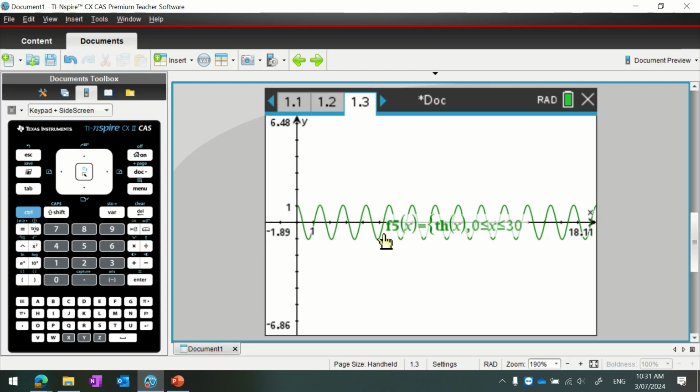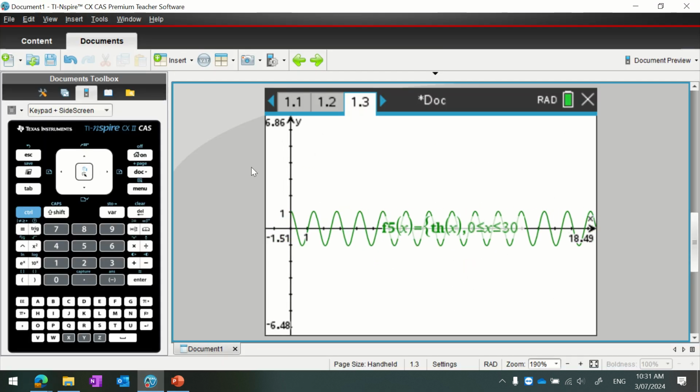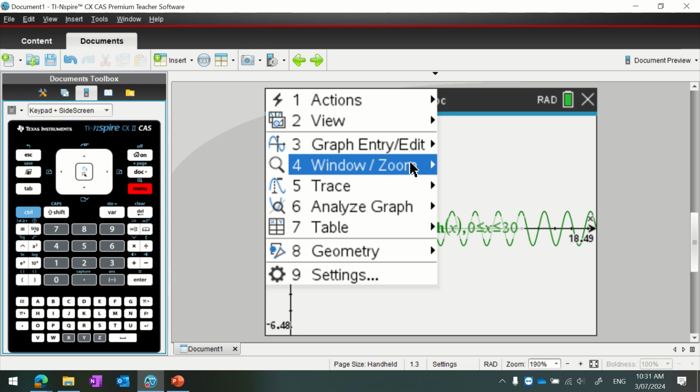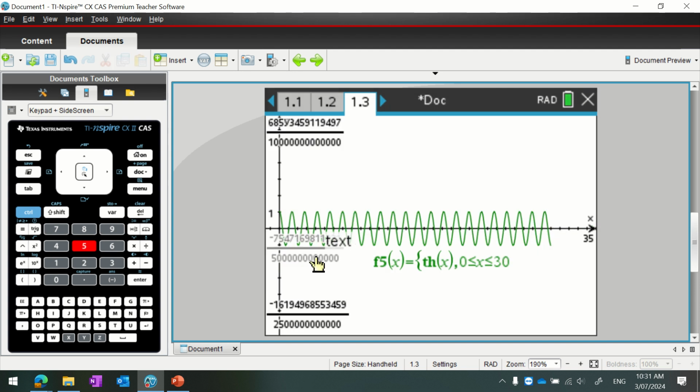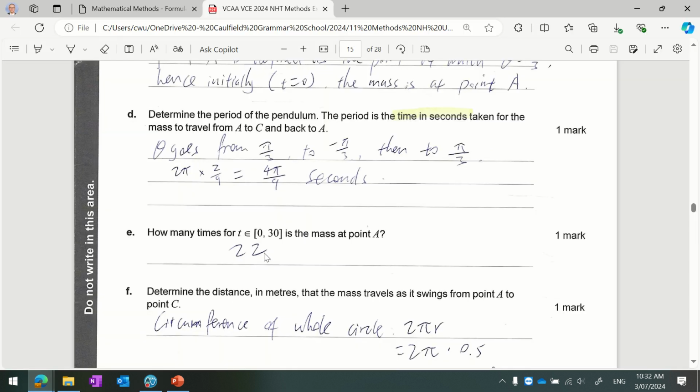The quickest way to do this is to count how many local maxima you have, because every time it hits pi over 3 it's point A. You can pause this video now to count. I hope the number of maxima you count is 22.